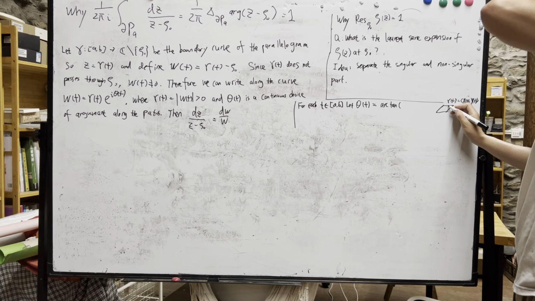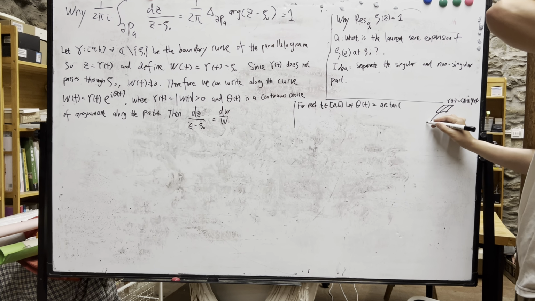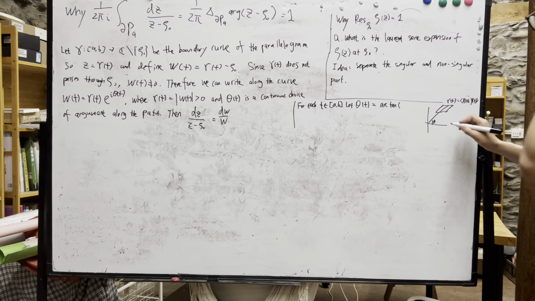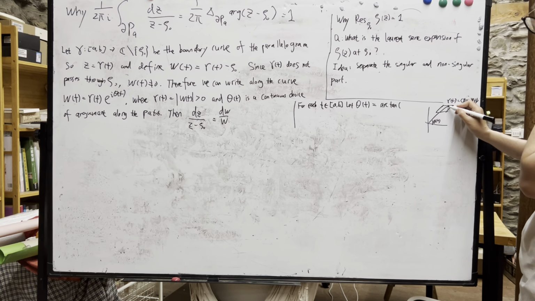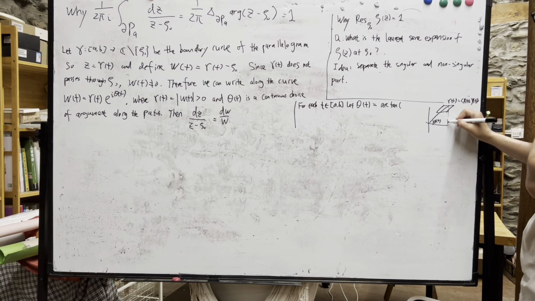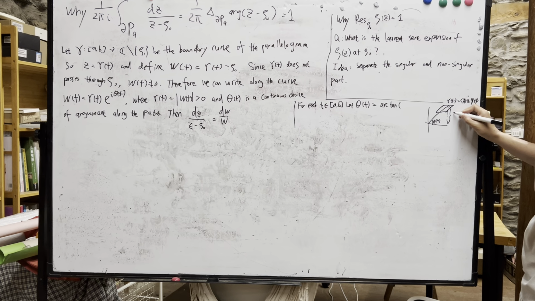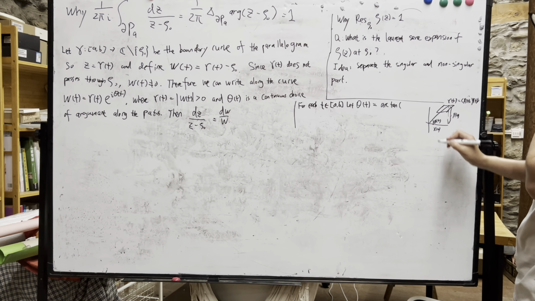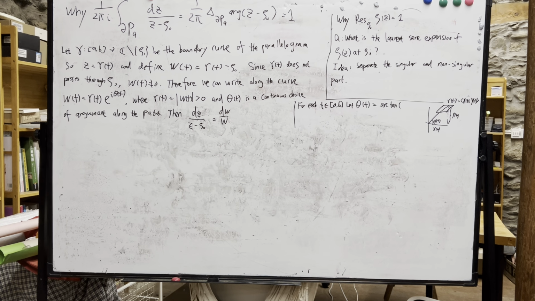This angle is theta of t. The opposite is y of t and the adjacent is x of t. When we are doing the arctangent, what should we really get?